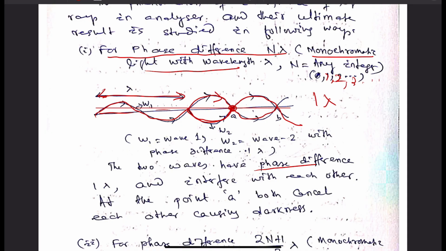Two waves have phase difference 1 lambda and interfere with each other. At point A, both will cancel each other, there will be darkness. So for the darkness condition, the phase difference must be n times lambda. N will have values 1, 2, 3 like this.